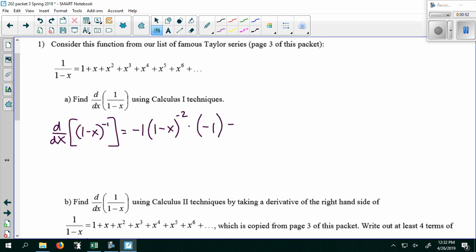So to simplify this, I get 1 over 1 minus x squared, which for the purposes of coming back to this later, I'm just going to point out is the same thing as 1 over 1 minus x times 1 over 1 minus x.